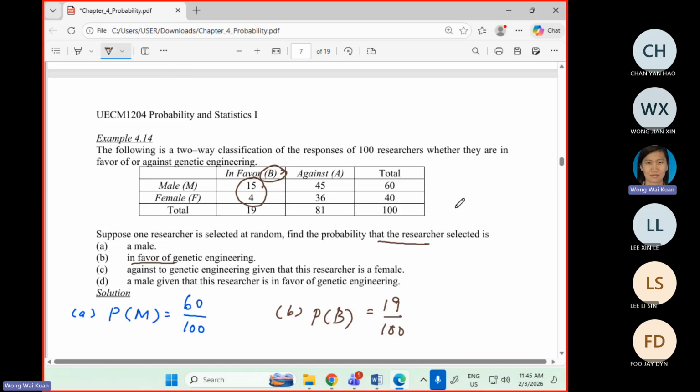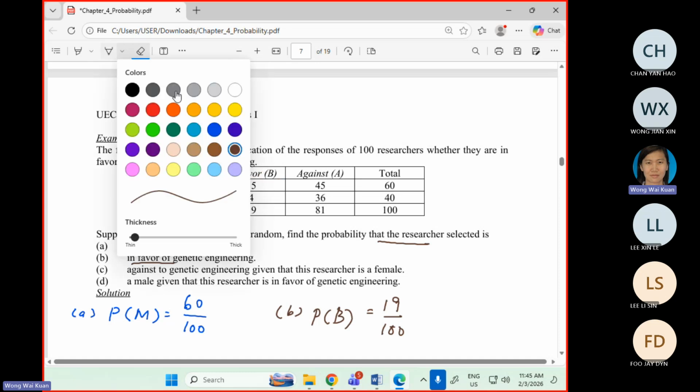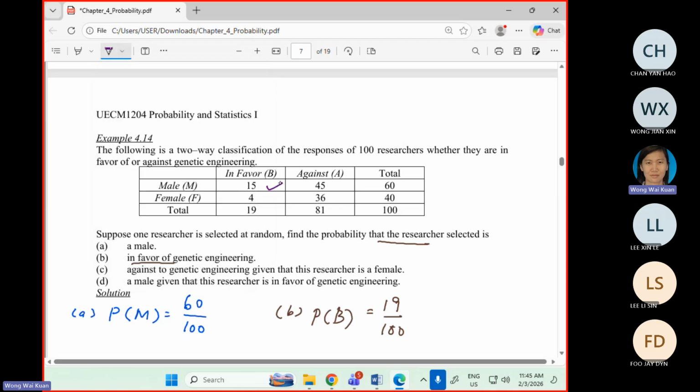Okay, so now, since we are here, then we talk about this also. Now, what about 15? What happened to these 15 people? These 15 people are male and they are in favor of genetic engineering, right?